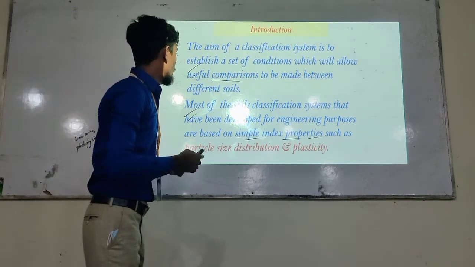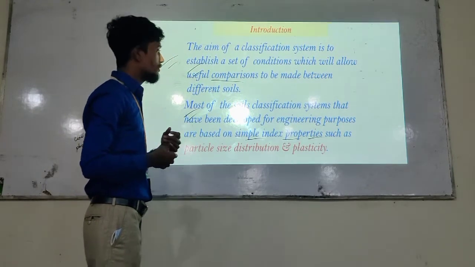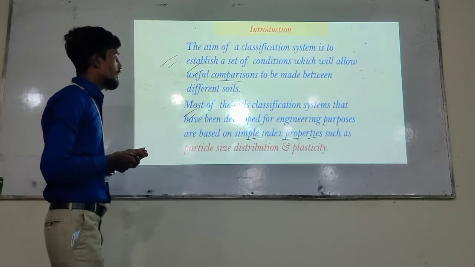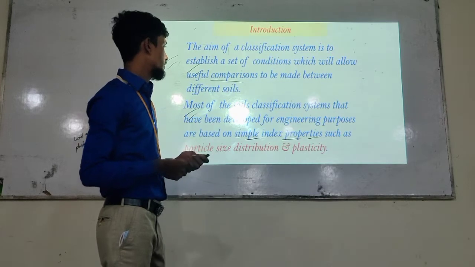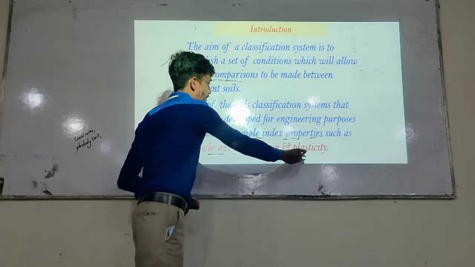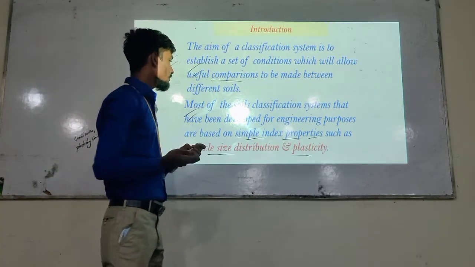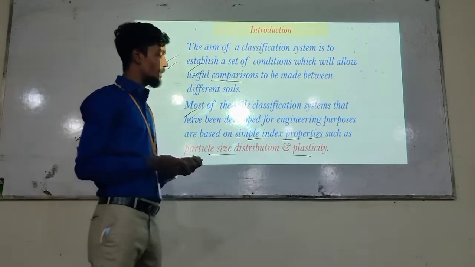And the last part, the soil that we divide in the classification system basically depends on index properties. Here index properties means particle size distribution and plasticity. By these two things, we divide the soils.